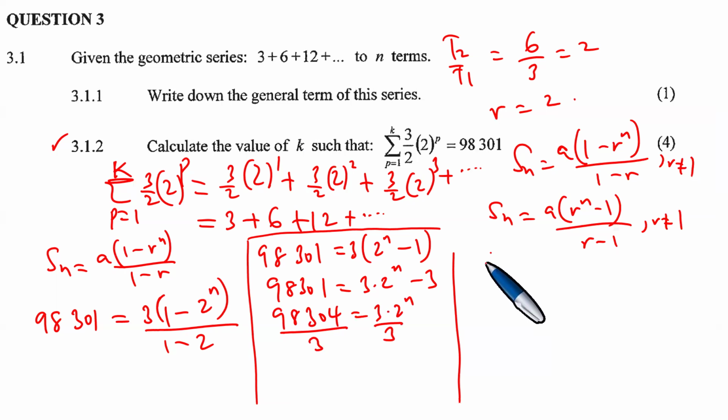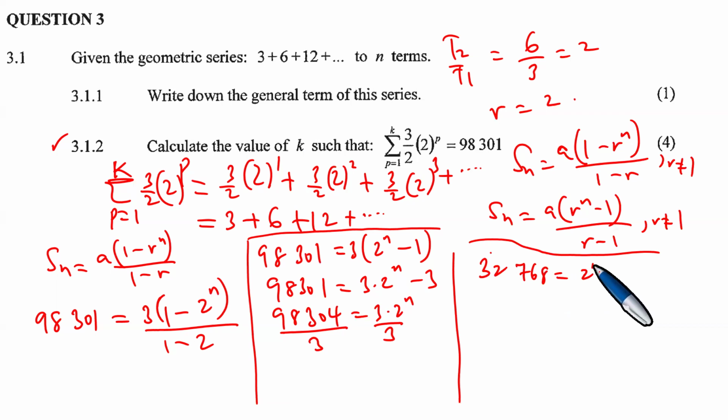So 32,768 is equal to 2 to the power n. And this is exactly 2 to the power 15, and therefore our n equals 15. At this point we're just using the formula with n, but obviously we can switch this.